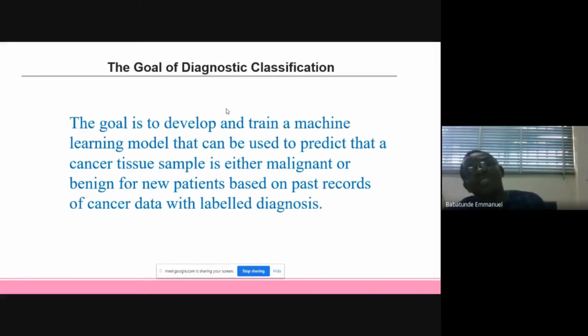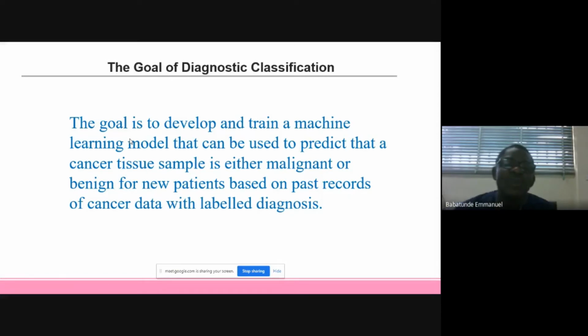So the goal of diagnostic classification is to develop and train a machine learning model that can be used to predict that a cancer tissue sample is either malignant or benign for new patients based on the past record of cancer data with labeled diagnosis.